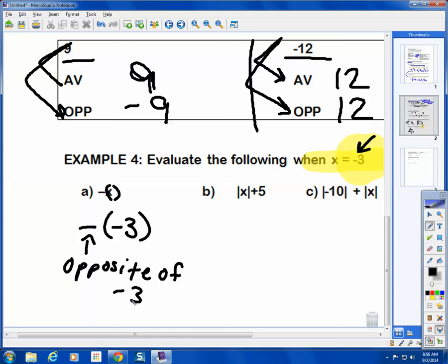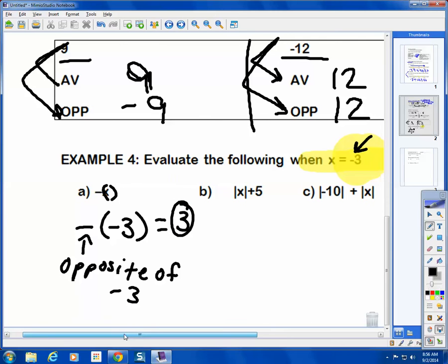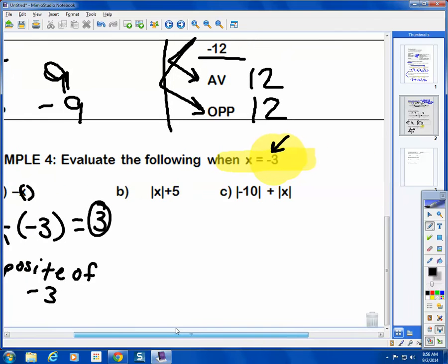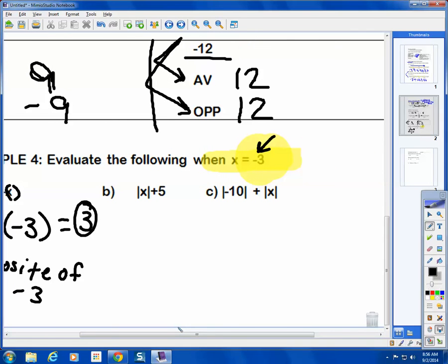Okay, so this will be what value then, guys? What am I going to get when I have opposite of -3? +3, okay? That should be your solution there. Okay, good. All right, what do these bars mean again right here in letter B? Say it again, Chelsea. Excellent, absolute value. So I'm going to write letter B as the absolute value of what value is going in there?